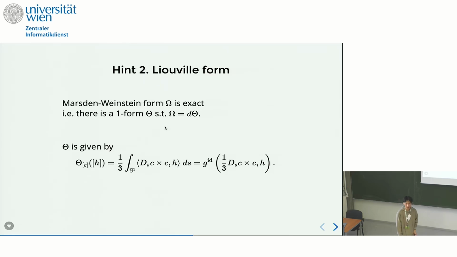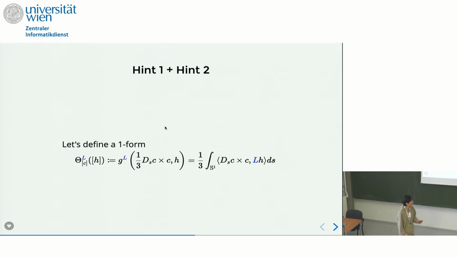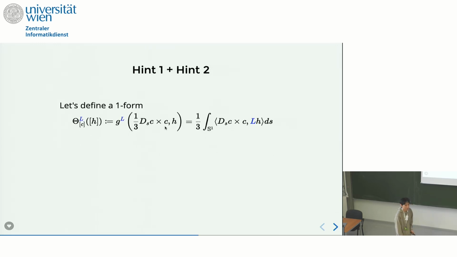Naturally, maybe you can combine hint 1 and hint 2. For example, I can define another one-form just by plugging L into h in theta. Obviously, I can take the exterior derivative of this to define another two-form.